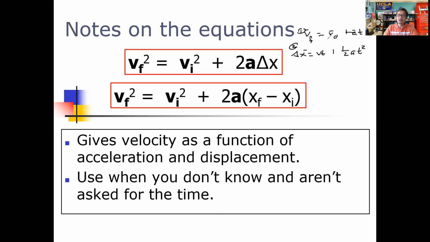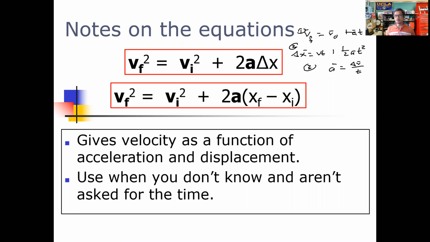Solving for V final, you will be able to obtain this. Keep in mind that acceleration is equal to delta V over t as well. Combining those three equations together and substituting, you will get this equation here.